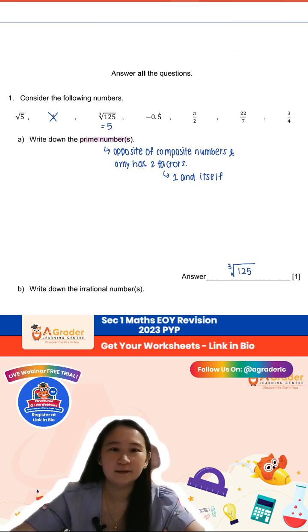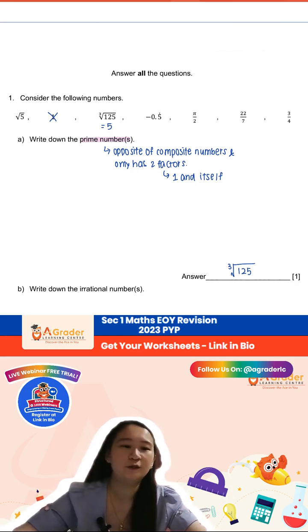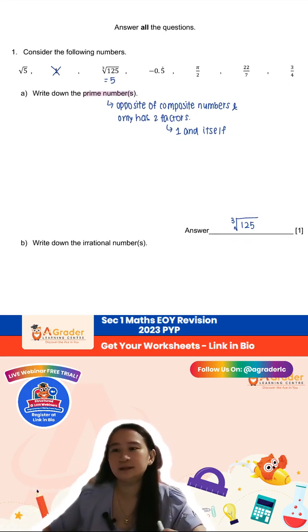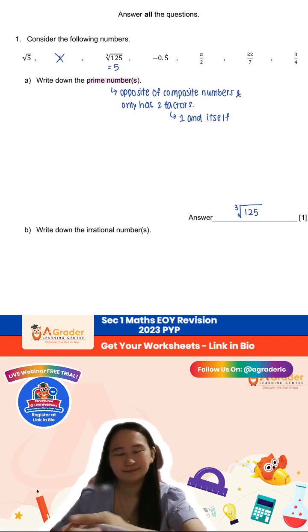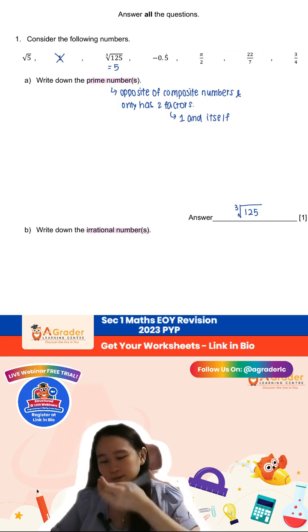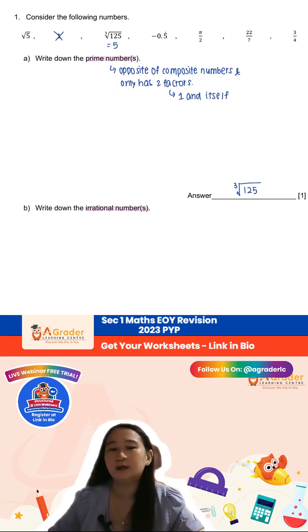Okay. Can we move on to question part B? Write down the irrational numbers. So what are irrational numbers? Irrational number is opposite of rational numbers.